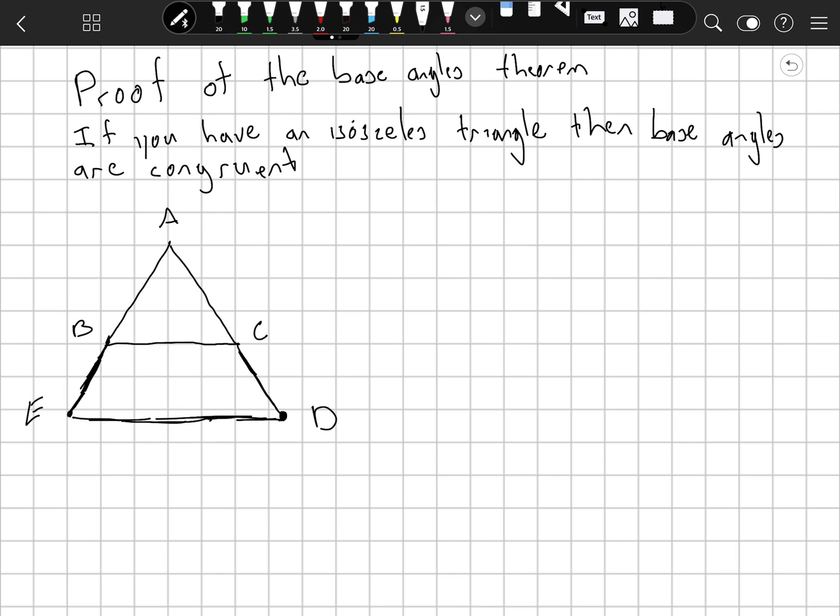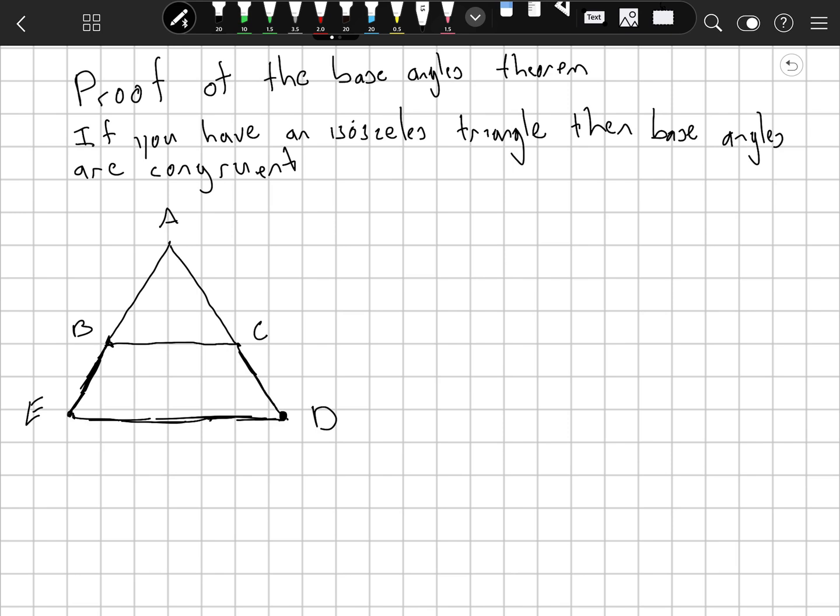And we know that BE is congruent to CD because we just constructed it. So you could take a compass and measure BE, and then you could take a compass and measure CD to make sure that they're congruent, and they're also just an extension of AC and AB, so they're on the same line there.